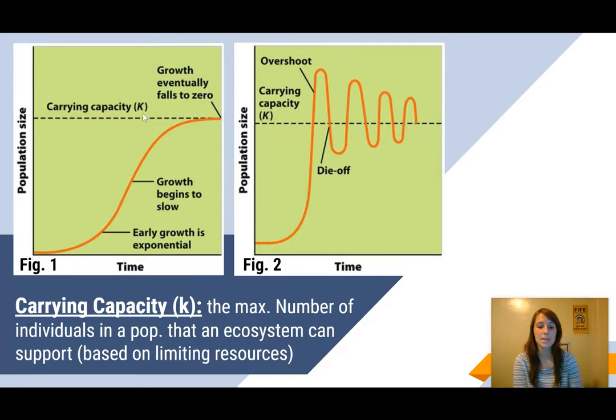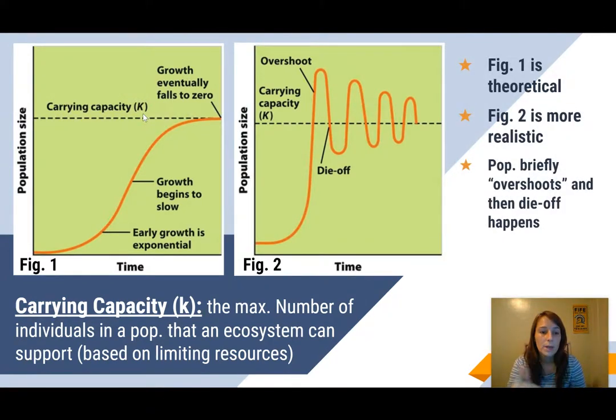So carrying capacity is the maximum number of individuals in a population that an ecosystem can support based on limiting resources. There's not going to be an ecosystem where we have resources that go on forever and ever. So at some point, the size that we are going to have is going to be limited by what resources are available in that ecosystem.